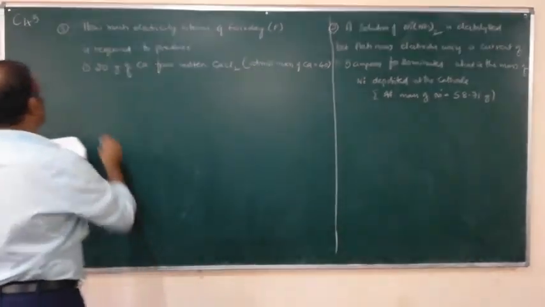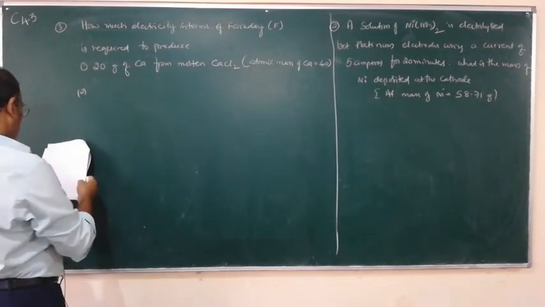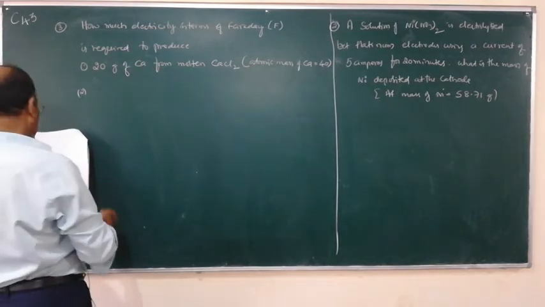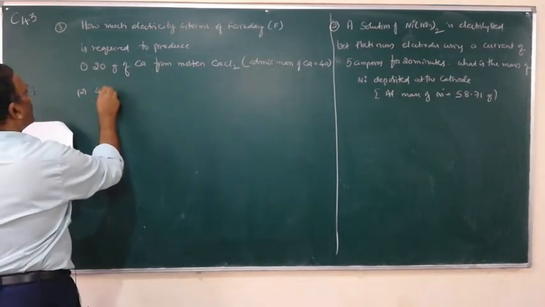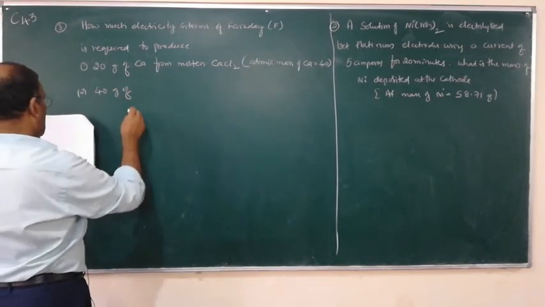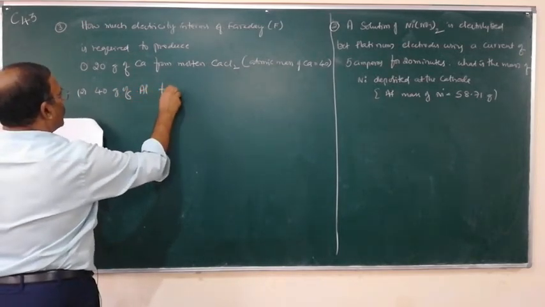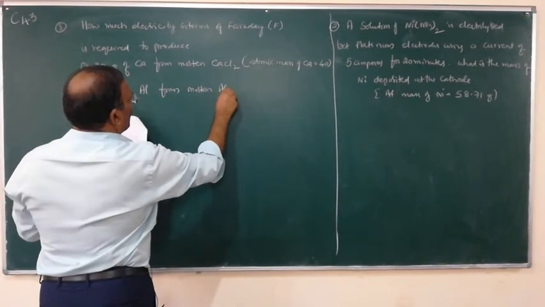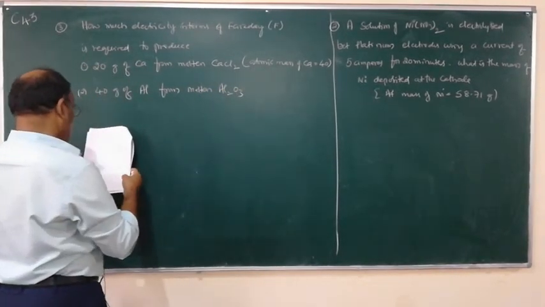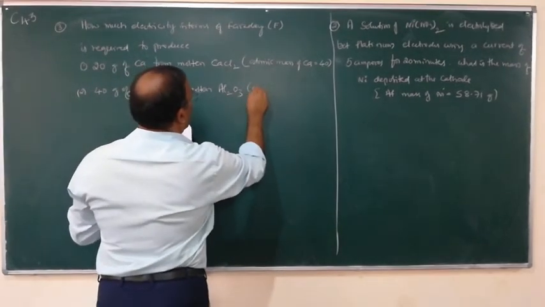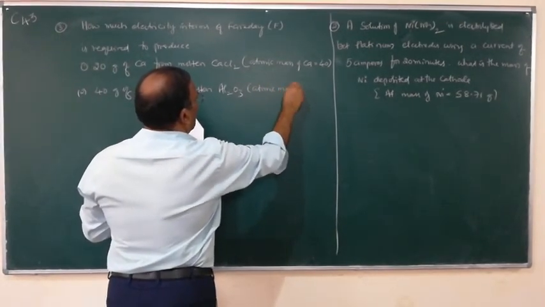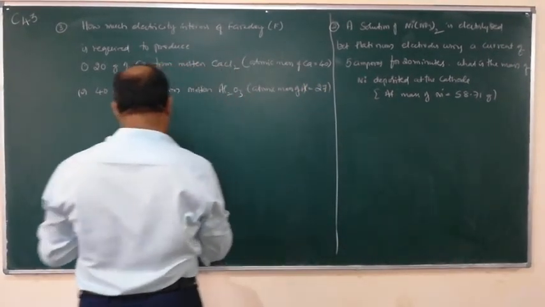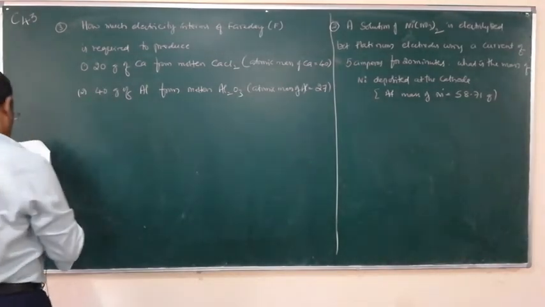Number 2, 40 gram of aluminum from molten Al2O3, in bracket, atomic mass of Al equals 27 grams.